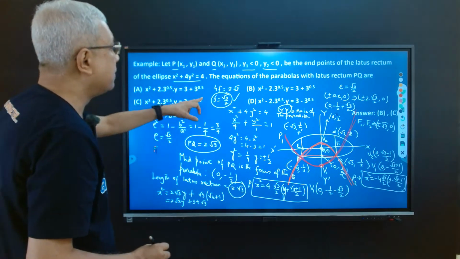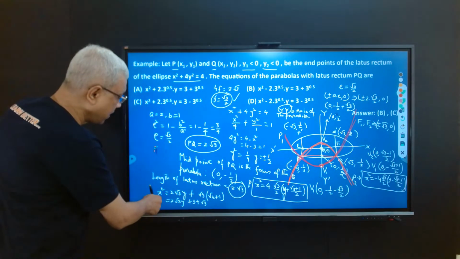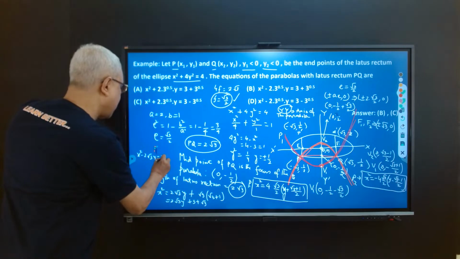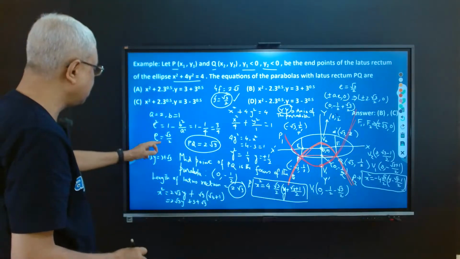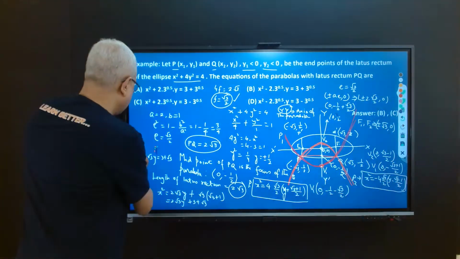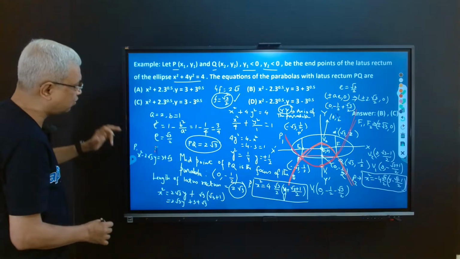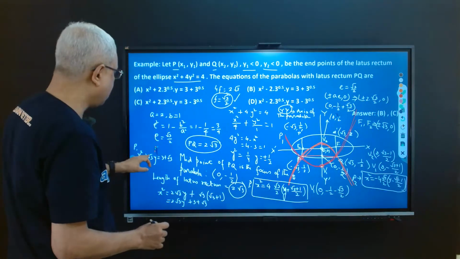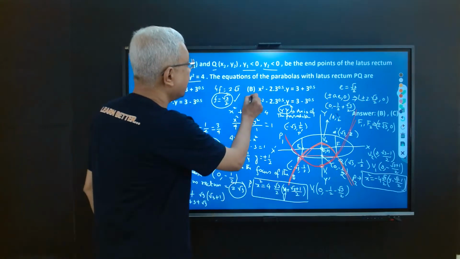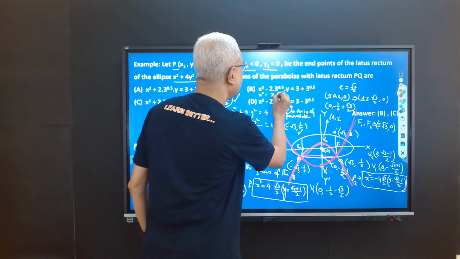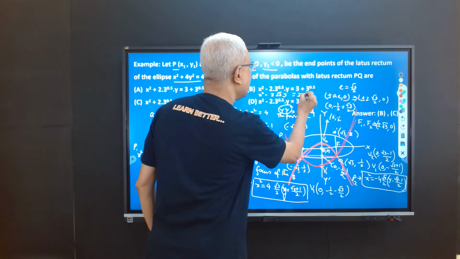So x square minus 2 root 3 y is equal to 3 plus root 3. This is nothing but the parabola P1. So P1's equation is x square minus 2 root 3 y equal to 3 plus root 3.